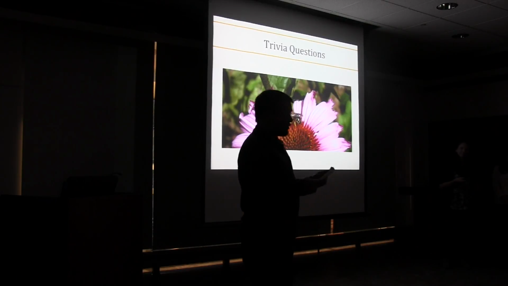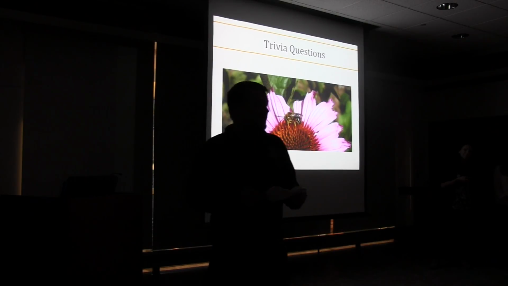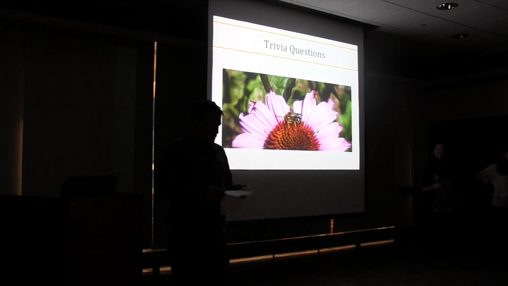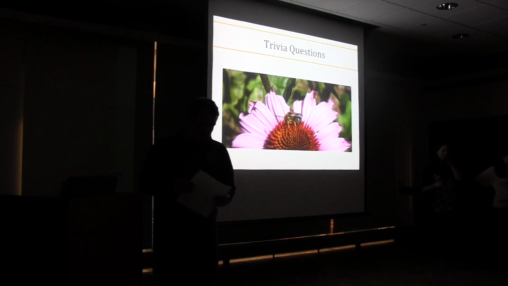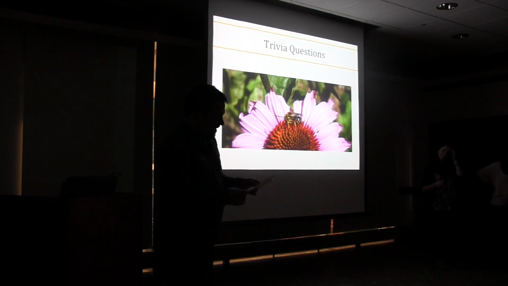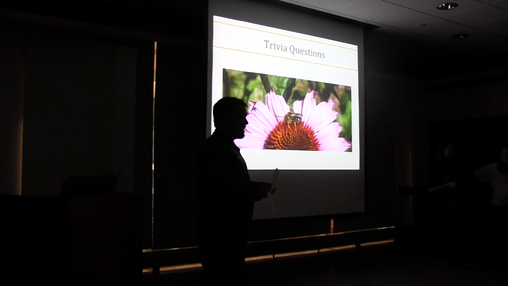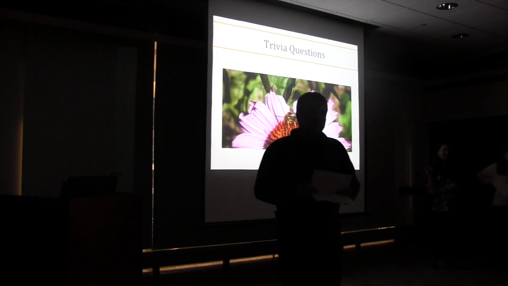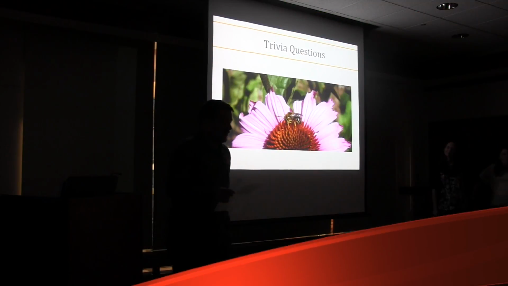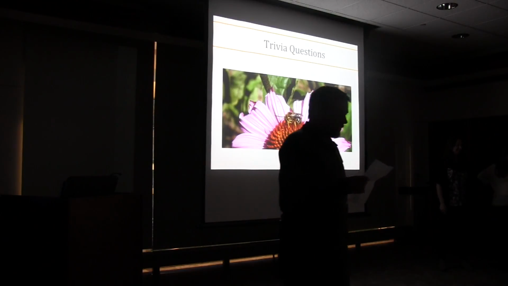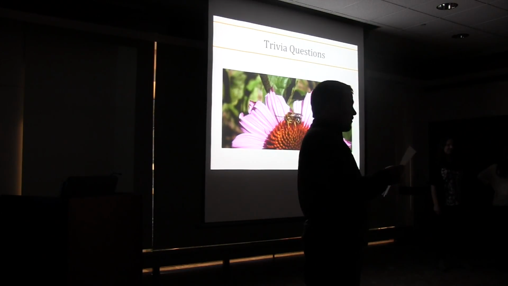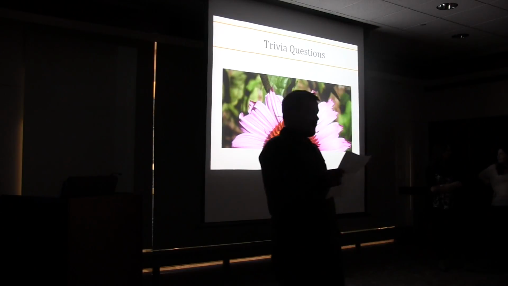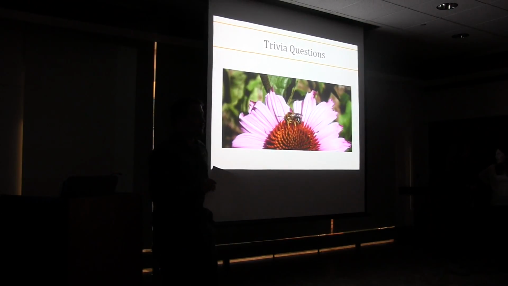The first question is a true or false question. All bees can sting. True or false? All right. Question number 2 is also true or false. There's a lot of true or false in here. Only the male bees sting. True or false? Only the male bees sting. All right. Question number 3. Honeybees are the only type of bees that produce honey. True or false?